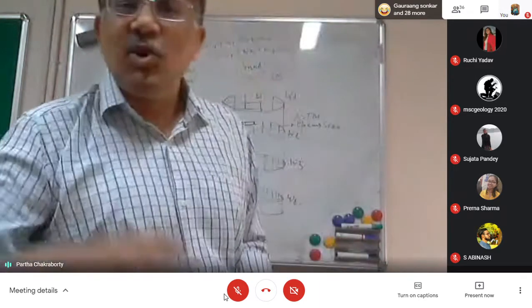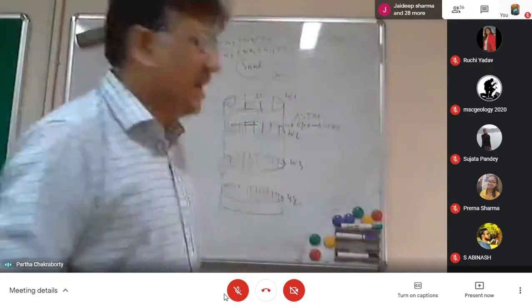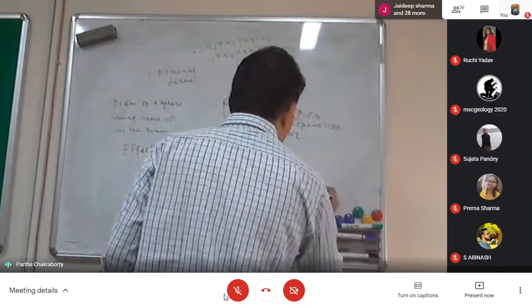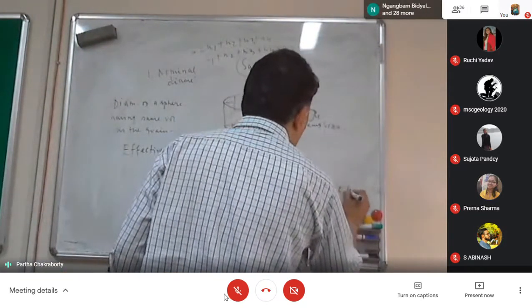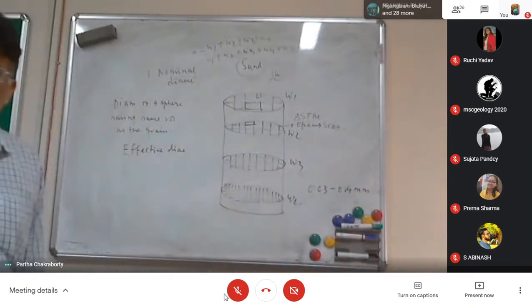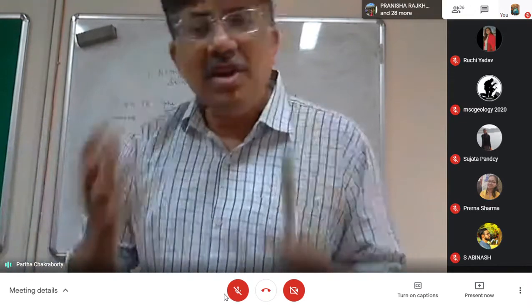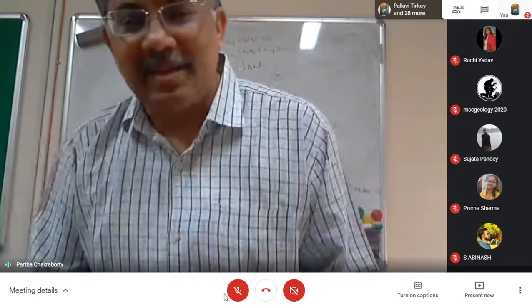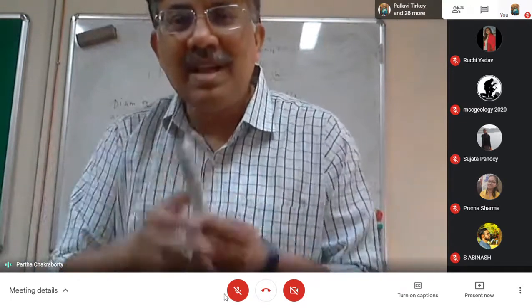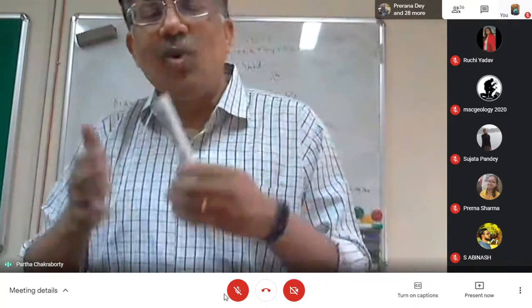But can it go to infinitely small size? No. It can go down to a size of 0.03 to 0.04 mm. Below this size, you really cannot separate the individual grains because there is a huge cohesive action and the grains get coagulated.